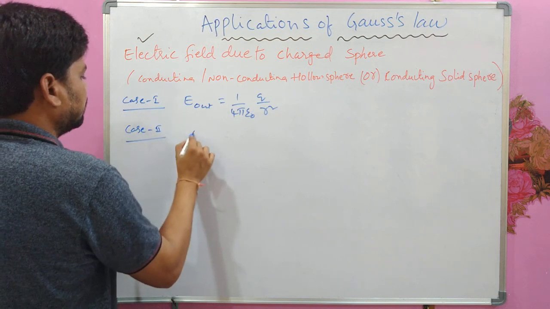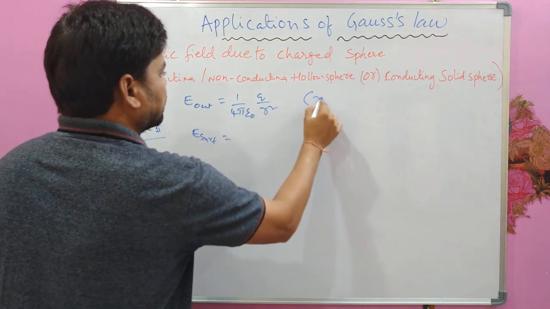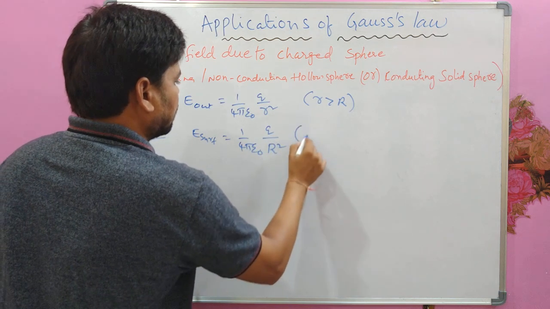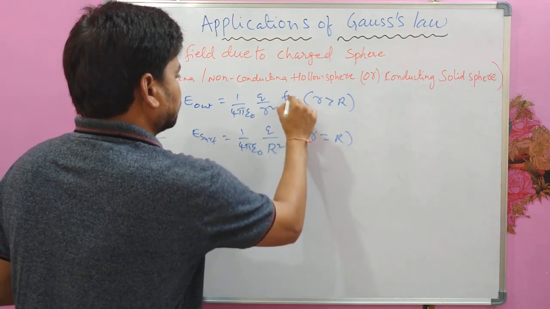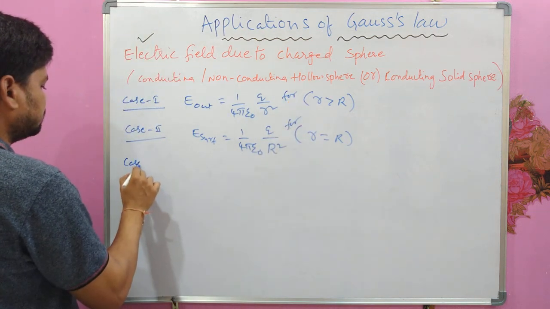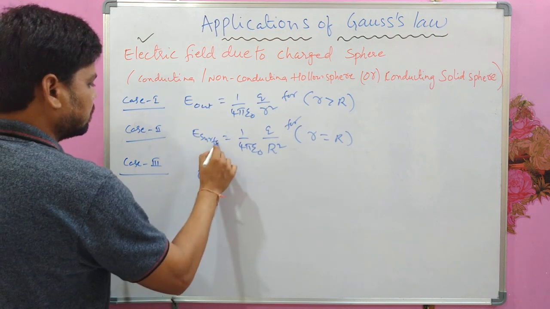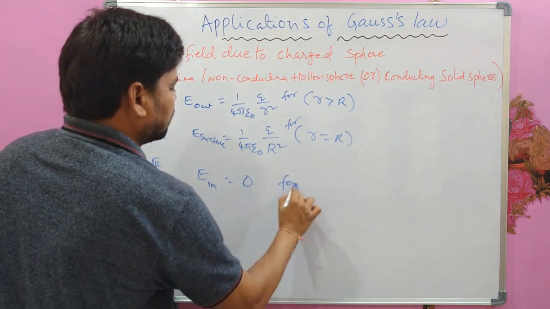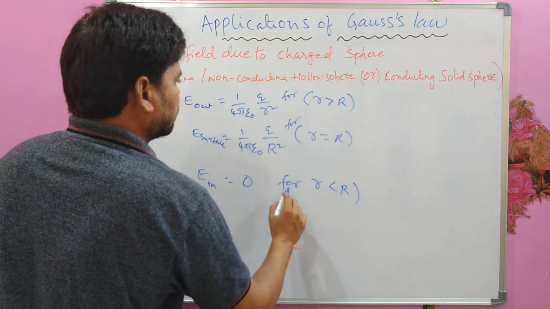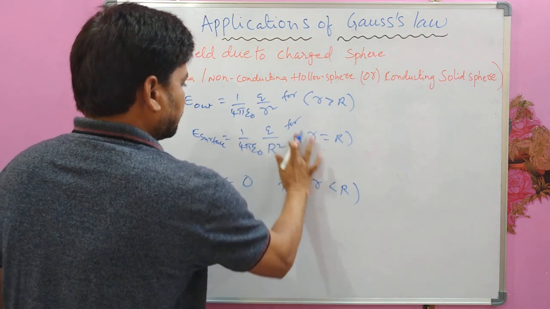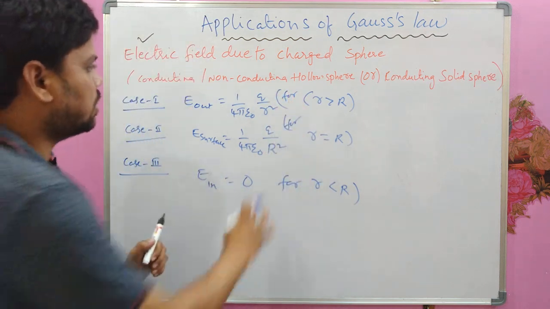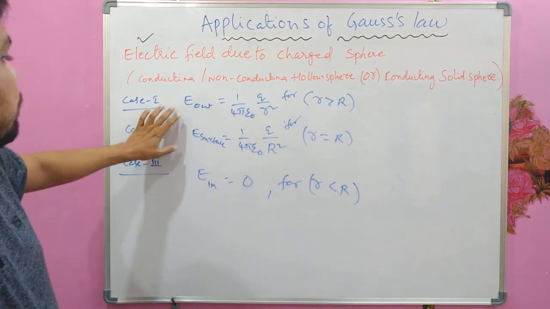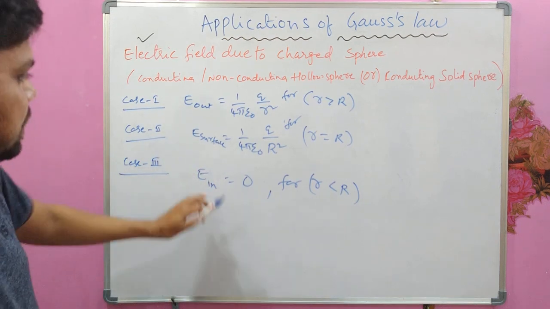Case 2, E surface, this is for r greater than R, 1 by 4 pi epsilon naught Q by R square, for r equal to R. And case 3, E inside is 0, you have got 0 for r less than R. We have got case 1, case 2, case 3. How to represent this in graphs?